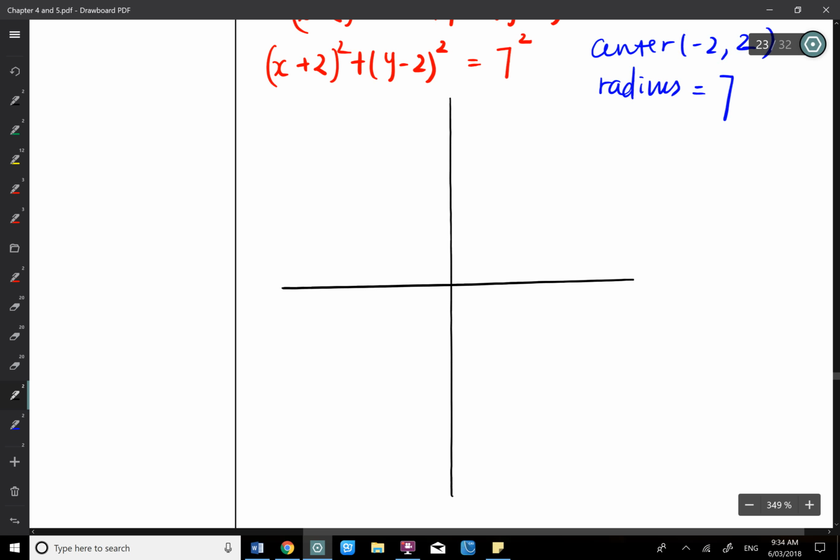You should have finished sketching this already, so just check your answers here. We have the center at negative 2, 2, and then we have radius 7.